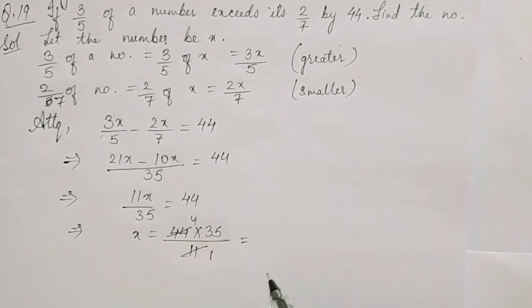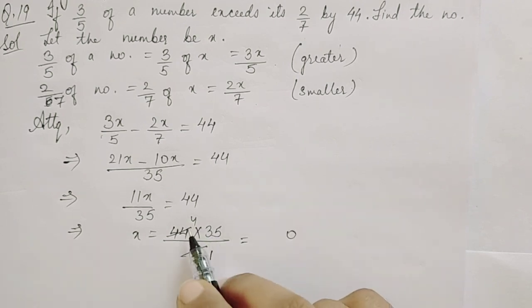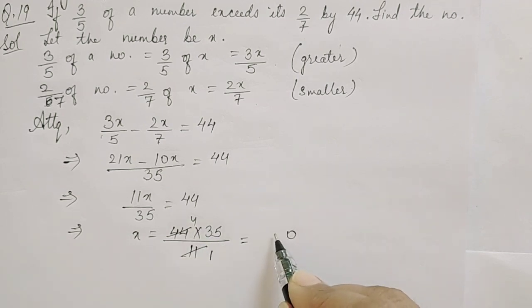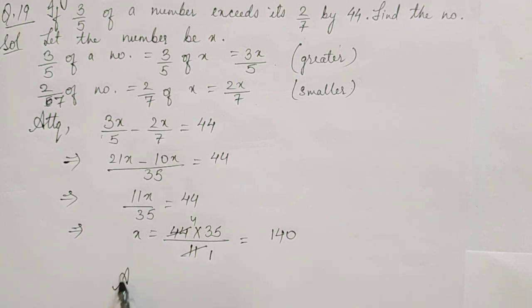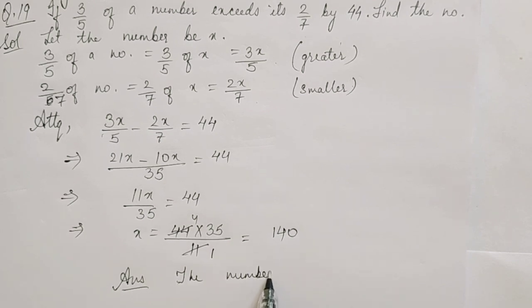Now 35 into 4: 4 fives are 20, carry 2, 4 threes are 12 and 2, 14, so 140. The number is x and we got this value to be 140.